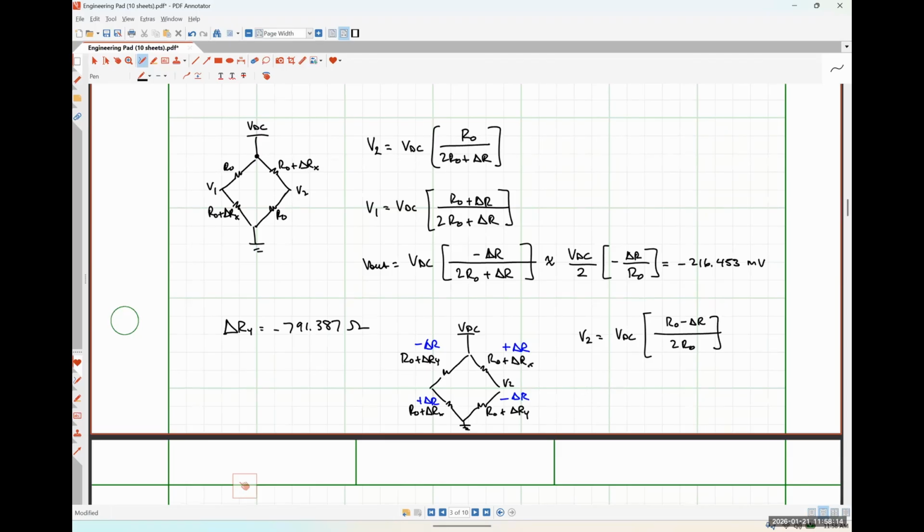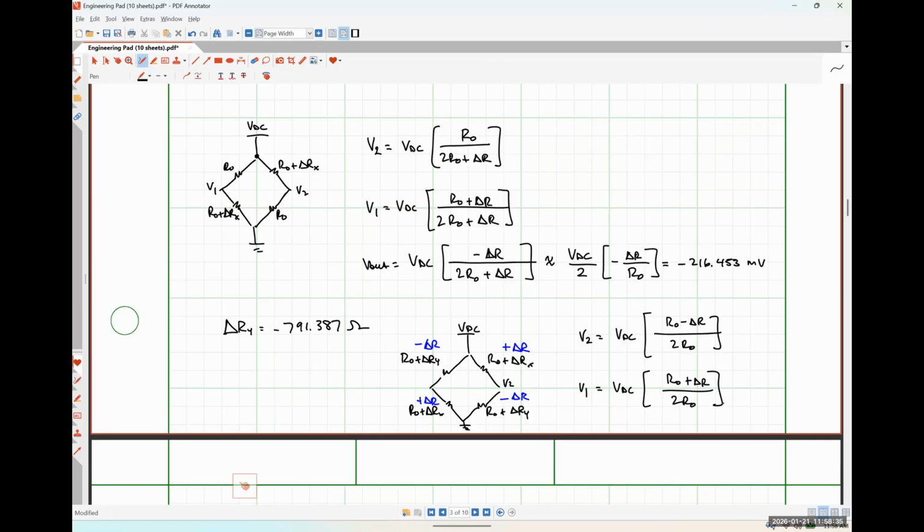V1 is VDC. Now we're going to have R naught plus delta R on top, and then twice R naught on bottom. And we take the difference of those guys.